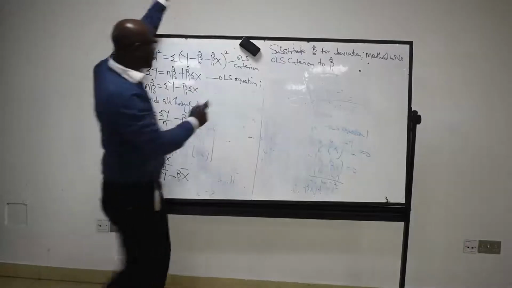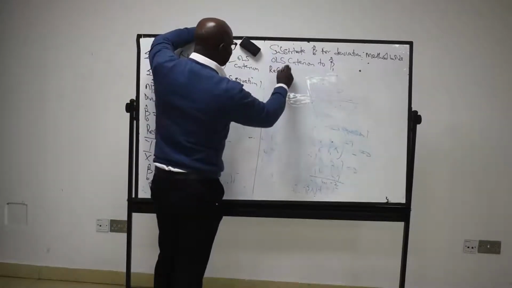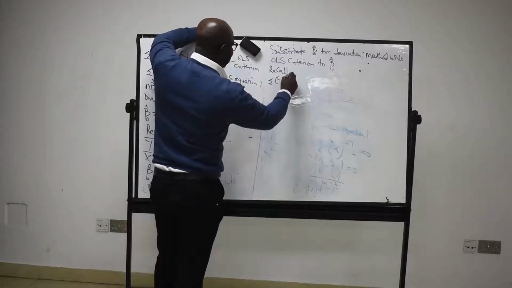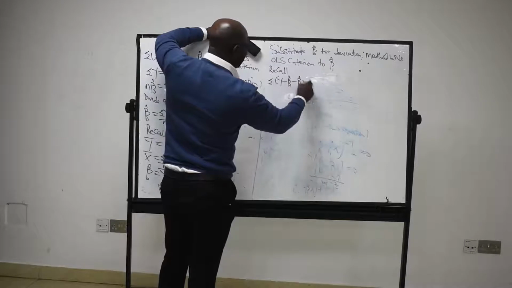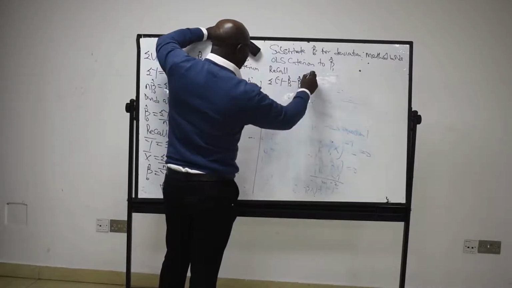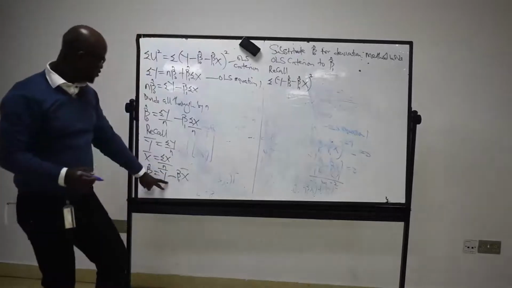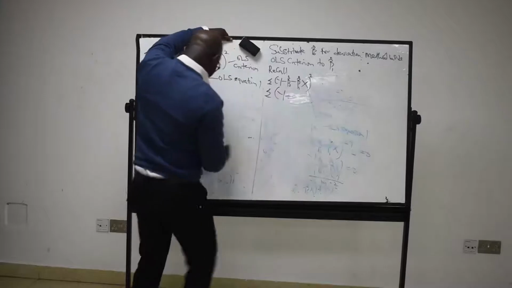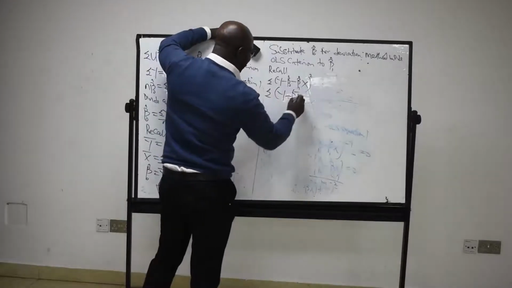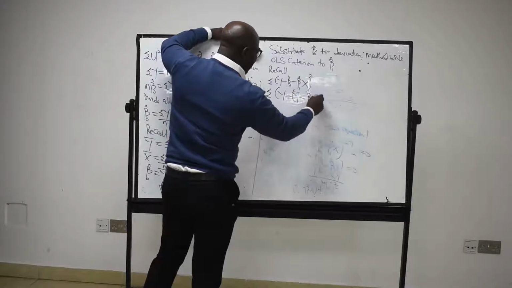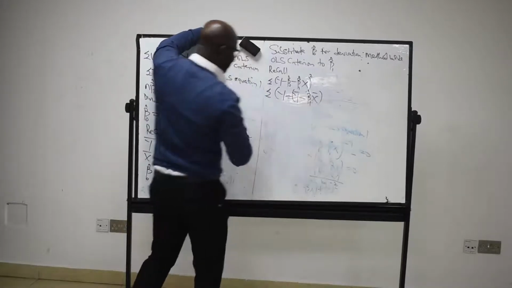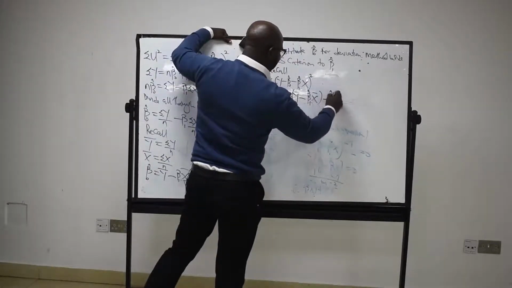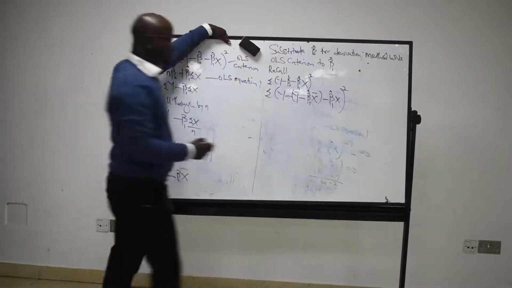Now, from the OLS criterion, recall that the OLS criterion is summation of y minus beta naught cap minus beta 1 cap x, then all squared. So let's substitute where we have beta naught. Then I can say we have y minus y bar minus beta 1 x bar, minus beta 1 cap x, all squared, class, all squared.